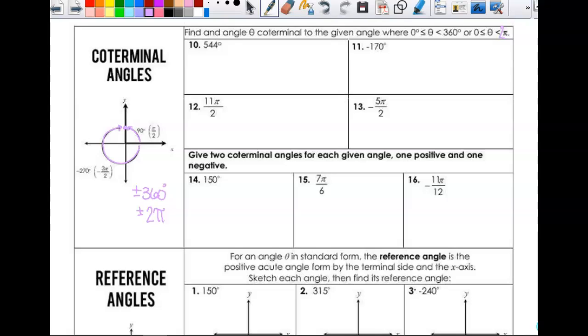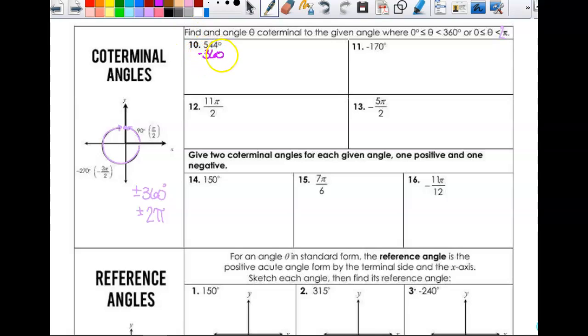So I could take that 544 on number 10 and I could add 360 to it and I could get a coterminal angle. It would be a right answer, except that if I add 360 to that, my answer wouldn't be between 0 and 360, which is what it's telling me to do. So I know here then, instead of adding, I have to subtract.